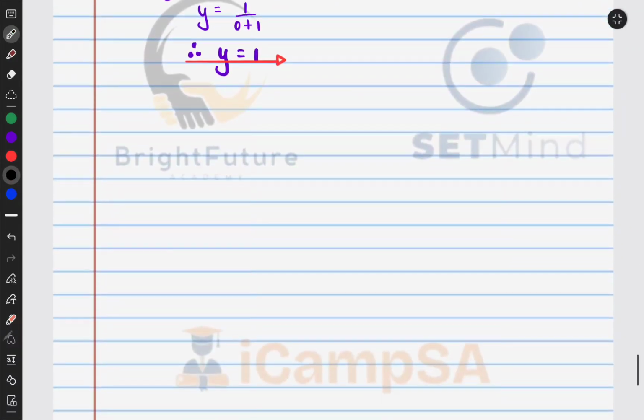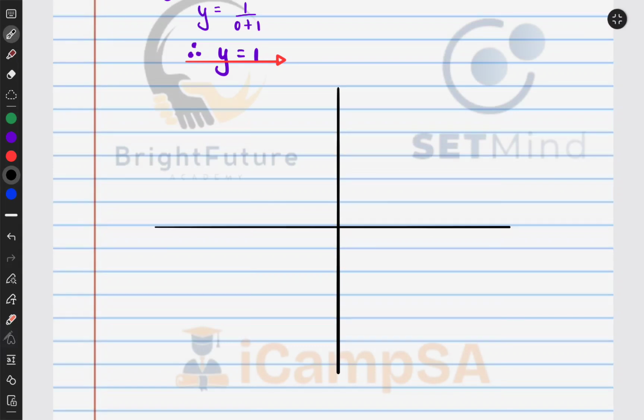Okay, let's just draw our axes, two sets of axes.